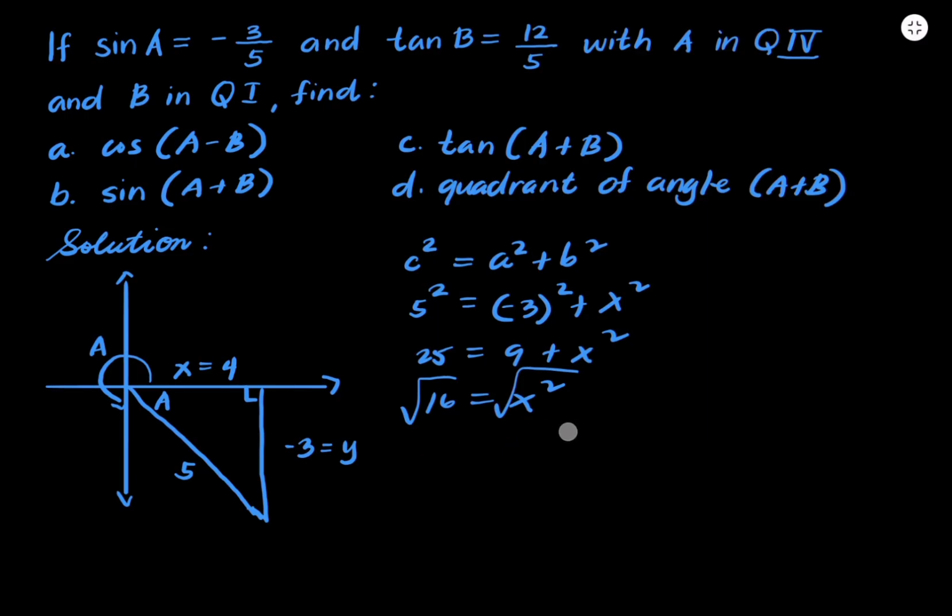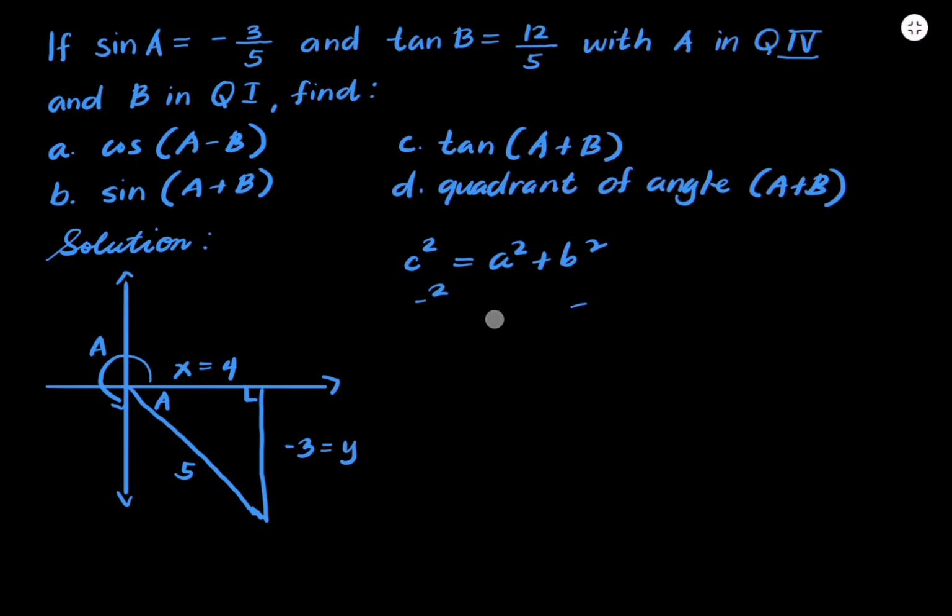Now, let us draw the reference triangle of angle B. Okay, so angle B is in quadrant 1. So meaning the x is positive and y is also positive, right?